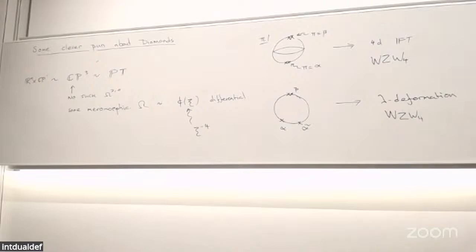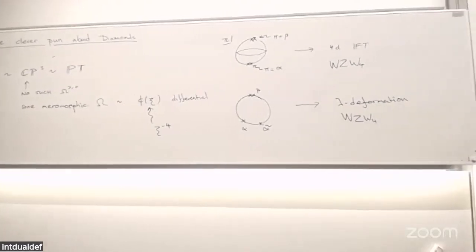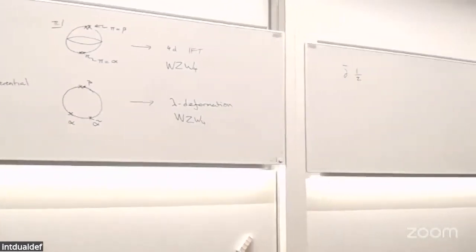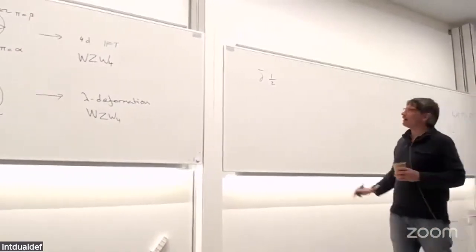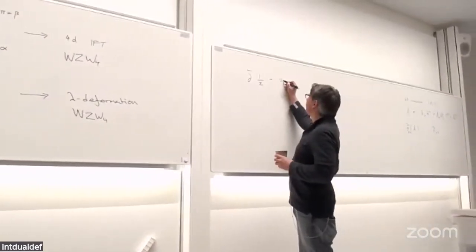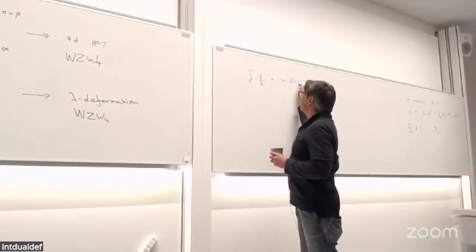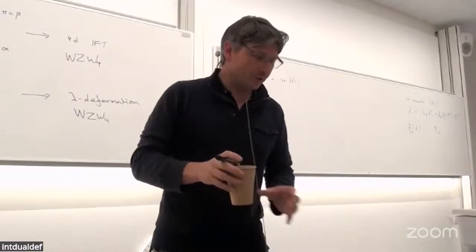Okay. So who's read Polchinski Chapter 1? Okay. So if you've read Polchinski Chapter 1 as a grad student, you've got faced with this equation here, and you've gone, what on earth is that? Because he writes down something like this. I remember seeing that for the first time, being very confused, but it is true.